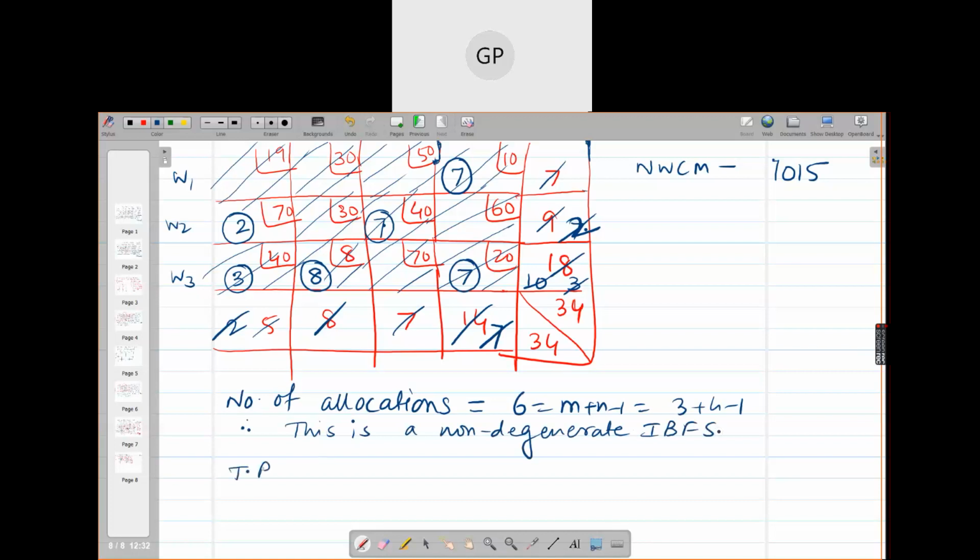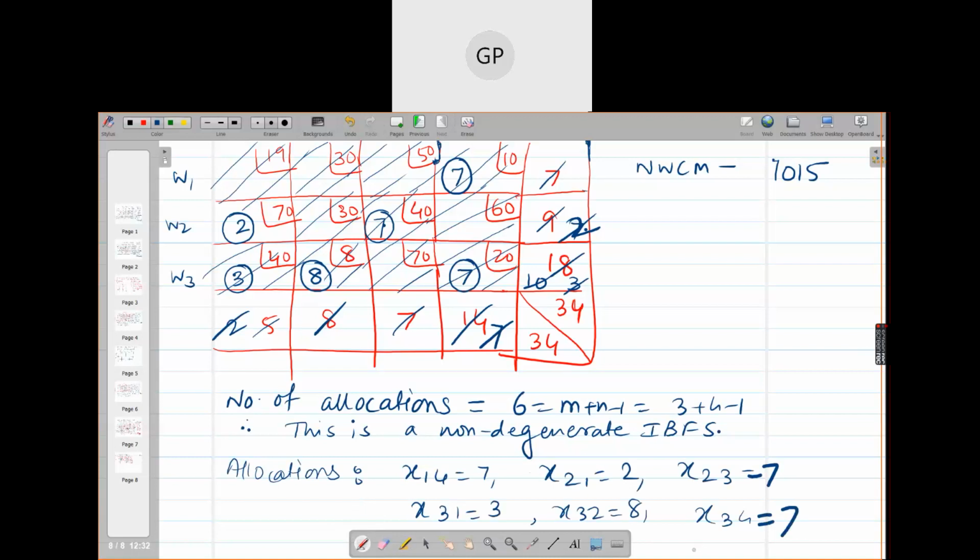First write down the allocations. X14 is 7. X21 is 2. X23 is 7. X31 is 3. X32 is 8. X34 is 7. And the TP cost is 814.